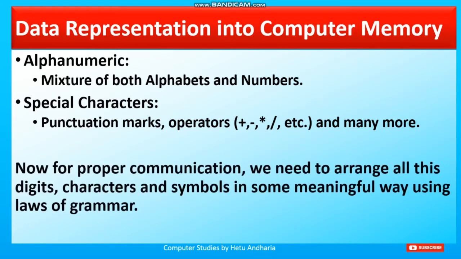Now, for a proper communication, we need to arrange all these digits, characters and symbols in some meaningful way using the laws of grammar. Am I right? We cannot arrange anything anyhow and have a meaningful sentence made. We have to keep in mind the grammar and all the things of each language.